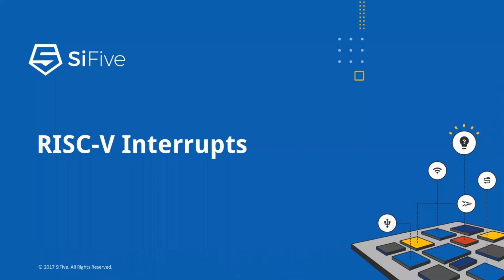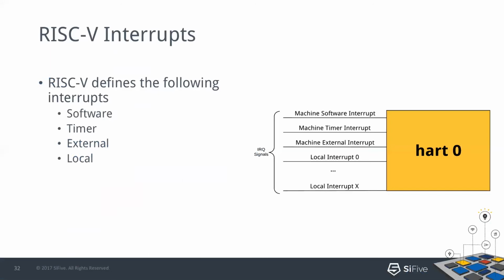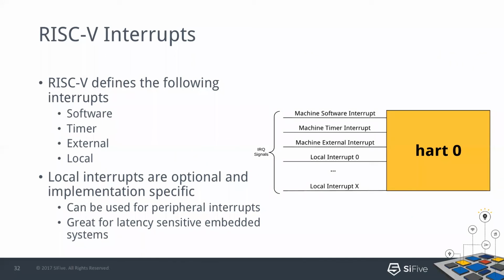Okay, RISC-V interrupts. We didn't cover all the CSRs in the previous chapter, but there are a number of CSRs that are specific to interrupts, and we'll cover those in this section. First off, RISC-V defines the following interrupts: software, timer, external, and local. Local interrupts are optional and implementation specific.